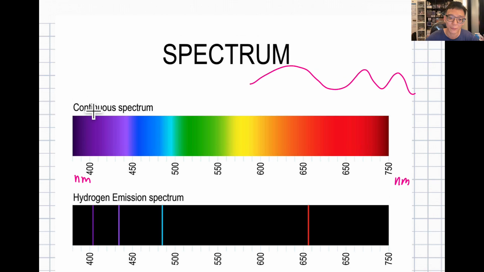So here we have what is called a continuous spectrum. A continuous spectrum means that the light consists of all these colors. So it's not a single wavelength. Imagine that we have a lamp, and the lamp is emitting just one color, let's say red. So it only has one color here, maybe the wavelength is just this part.